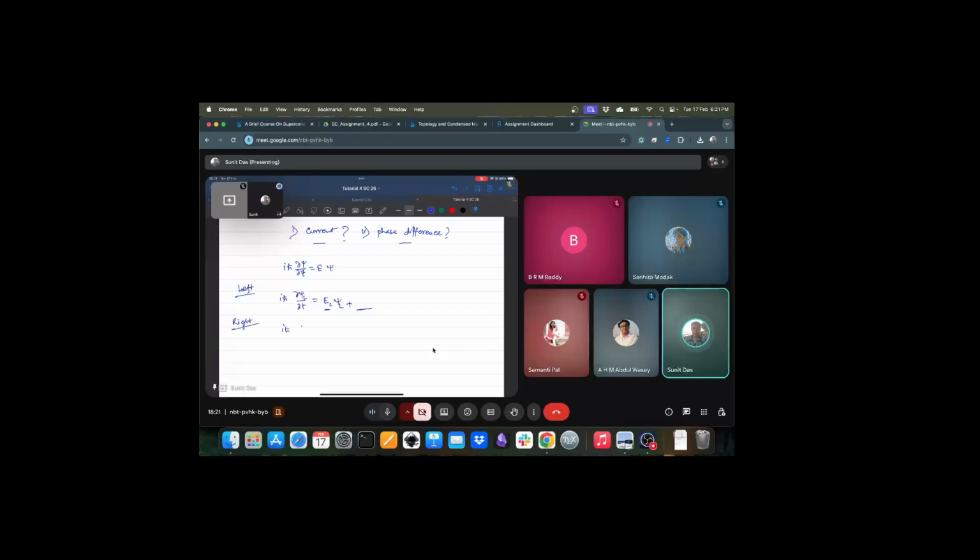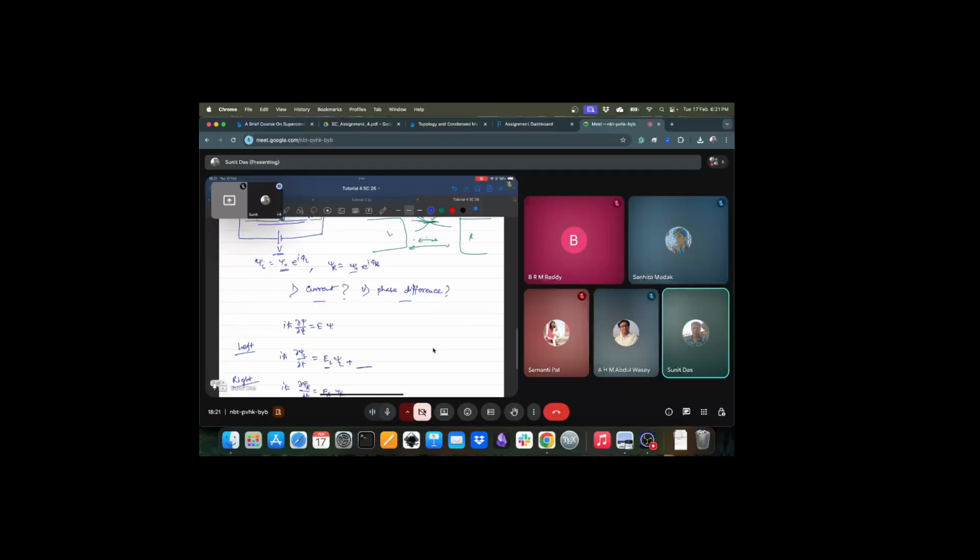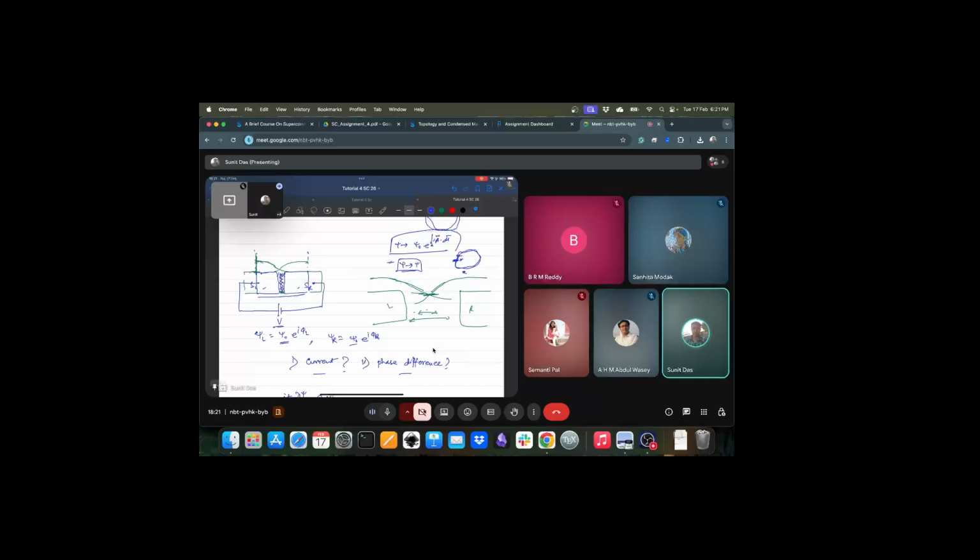For the right, again the same thing, with psi R.